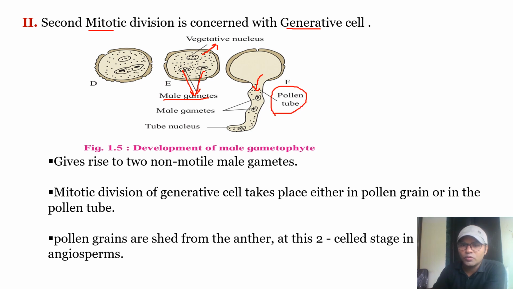This is called as pollen tube, which consists of two nuclei which are the result of division of generative cell or generative nucleus, said to be the male gametes, and one tube nucleus which is of vegetative cell. Such three-celled structure along with pollen tube or three nucleated structure along with pollen tube is called as male gametophyte. Okay, and this point already I have told you, pollen grains are shed from the anther at two-celled stage in angiosperms.